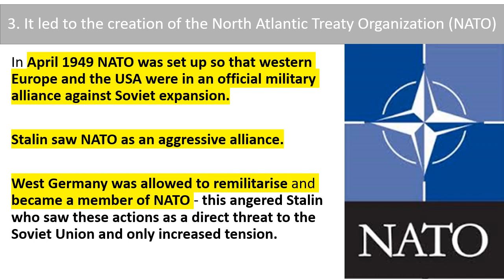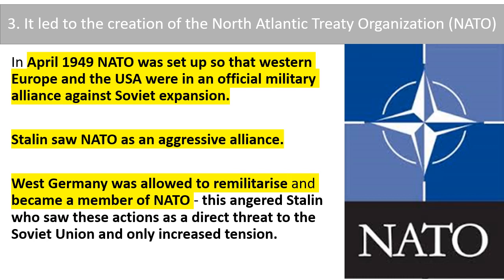Okay, so they decided to form the North Atlantic Treaty Organization, which was a military alliance of member states across Western Europe, led by the Americans. The rule was that if any one of them were attacked by the Soviet Union, then all of them would come to the other's aid and fight with them.